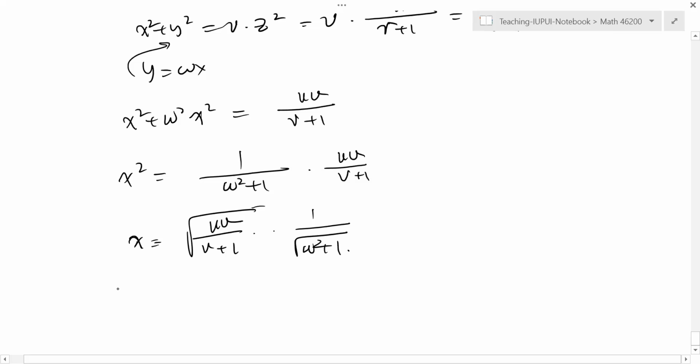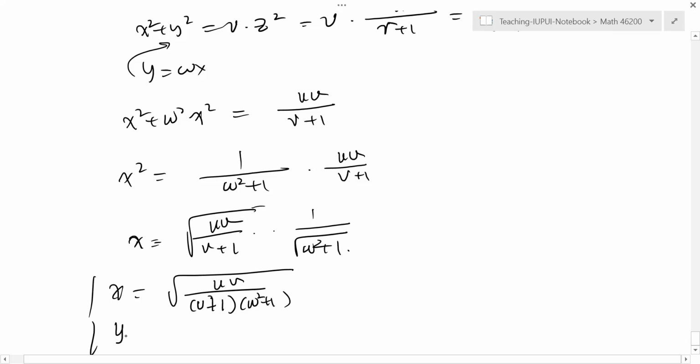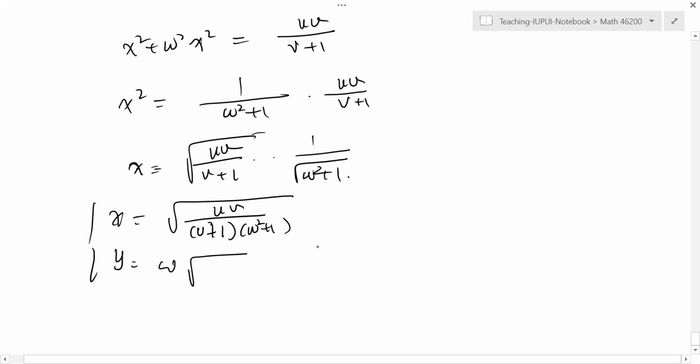Okay, let me write this down. x is going to be the square root of UV over (V plus 1)(w squared plus 1). And y is wx. And what is my z?